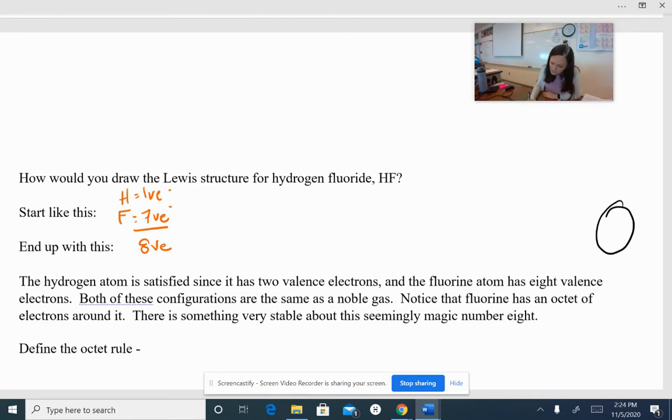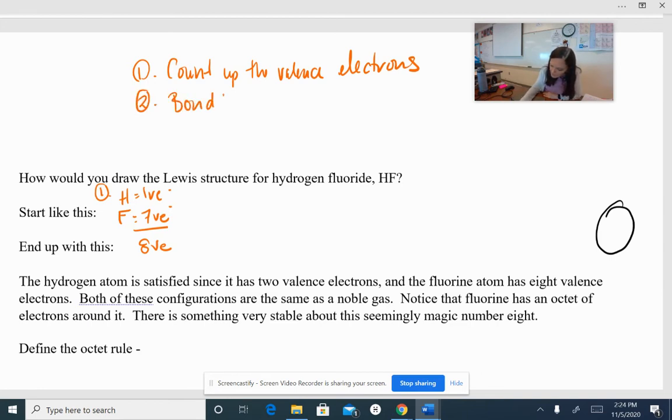So the very first thing you need to do is count up your valence electrons. Okay, the second thing you need to do is put a bond in between the atoms. So I'm going to put a bond in. Now we need to remember that this is 2 electrons being used up.